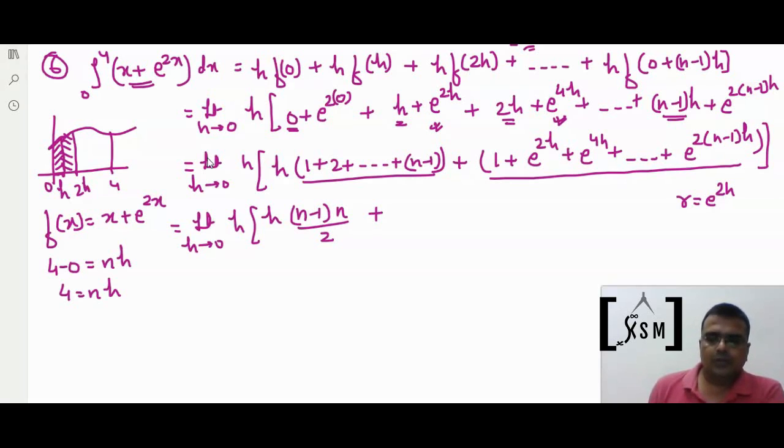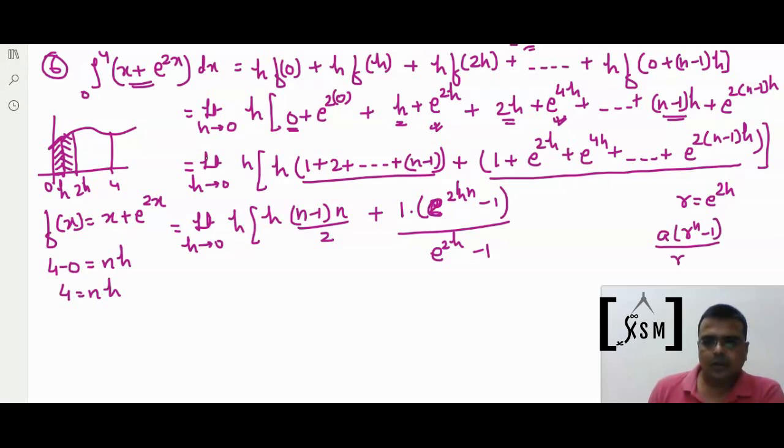First term is 1, times r to the power n minus 1 over r minus 1, so e to the power 2nh minus 1 over e to the power 2h minus 1. I use the formula a times r to the power n minus 1 over r minus 1, right?